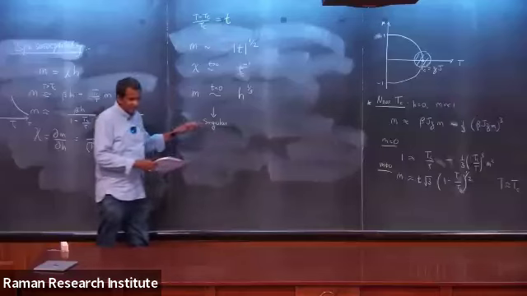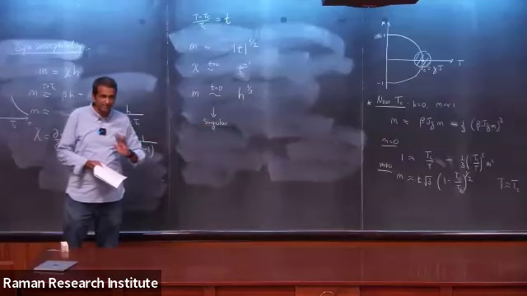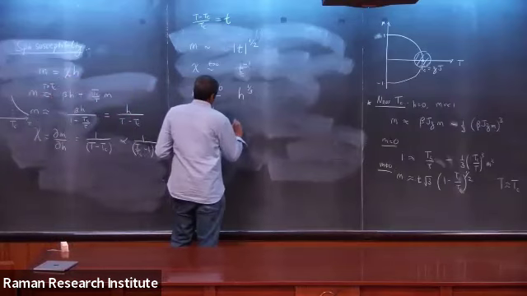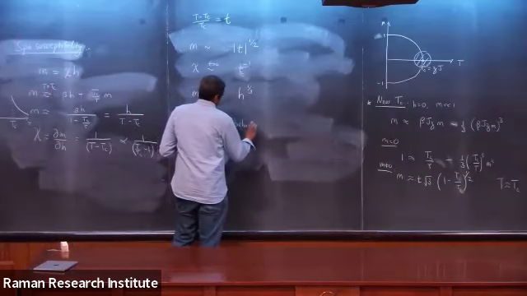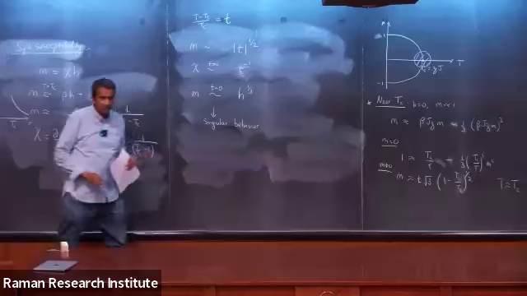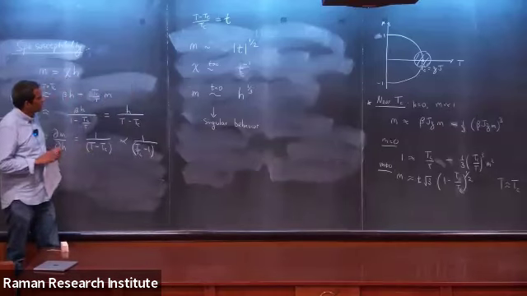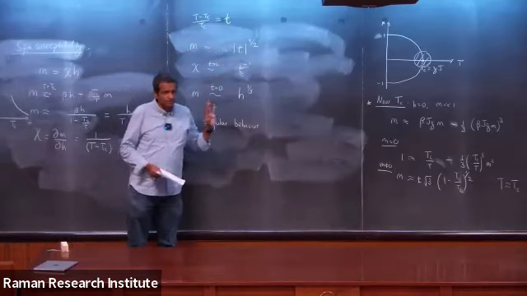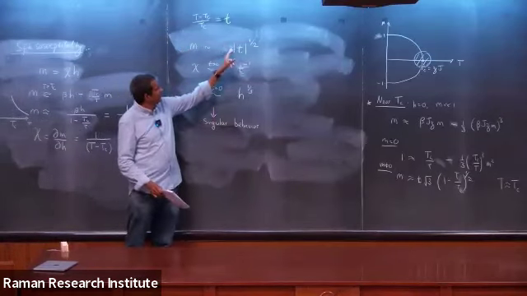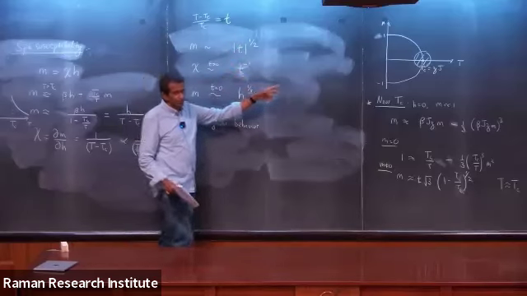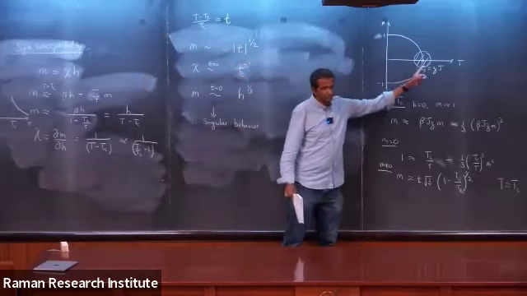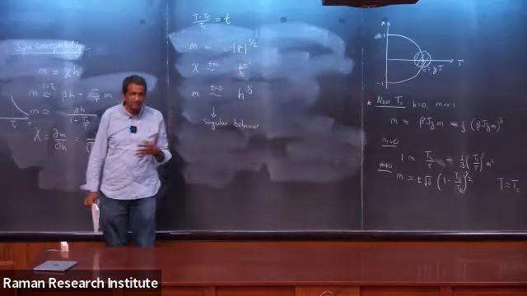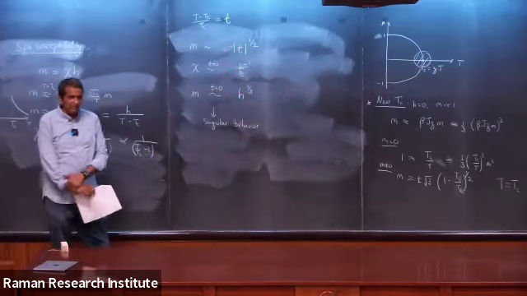And by singular, I don't mean it diverges. I just mean it's not some smooth analytic function as you tune temperature or fields. Moreover, you find that this behavior depends on the variable that you're tuning, in this case temperature, the distance to the critical point, raised to some power rather than, let's say, an exponential of the temperature or some weird behavior.